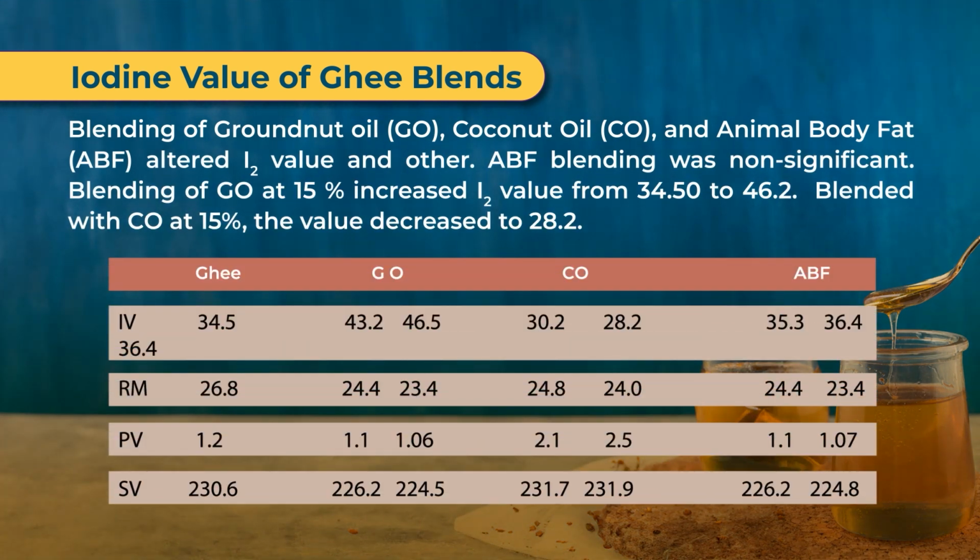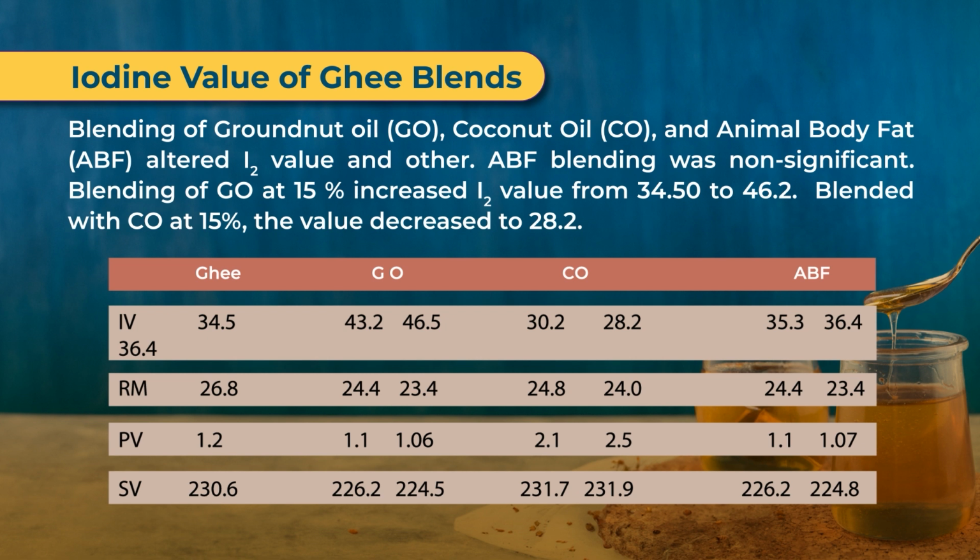This is an experiment where adulteration of ghee is done with groundnut oil, coconut oil, or animal body fat. And this is done at 10%, 5%, and 10% level. Look at ghee when it is adulterated with groundnut oil, 10%, the iodine value increased to 43.2. So if ghee is mixed with groundnut oil, the iodine value will be reflecting it.